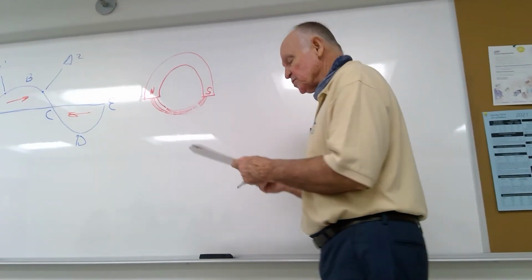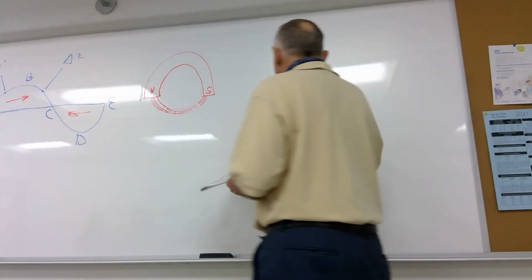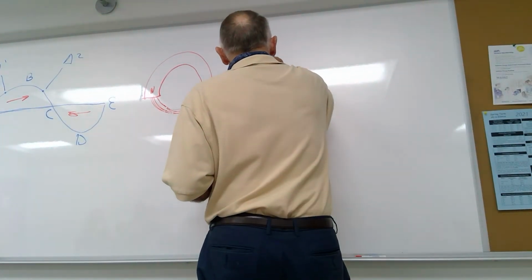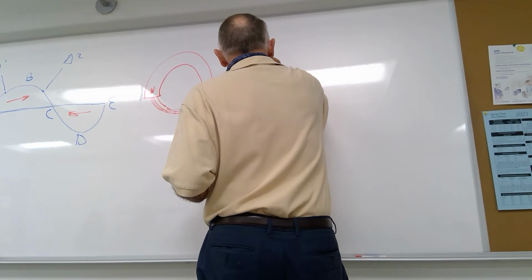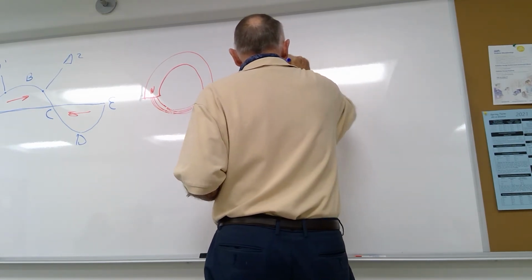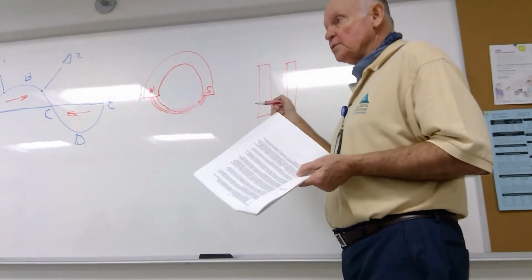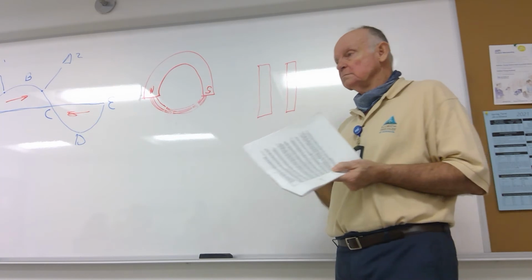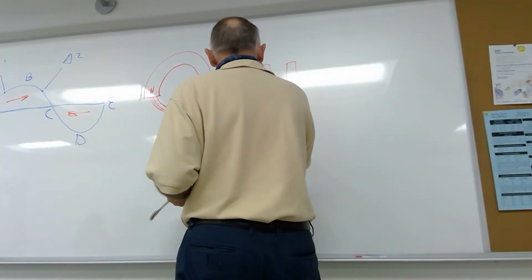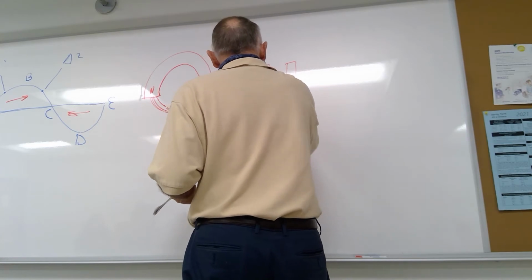So we're gonna take a look at a transformer. Let me draw it. Two iron bars. Now we're gonna wrap those bars in what?